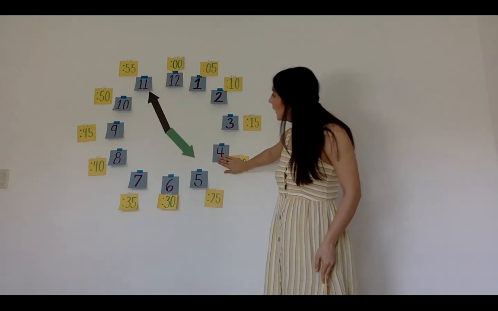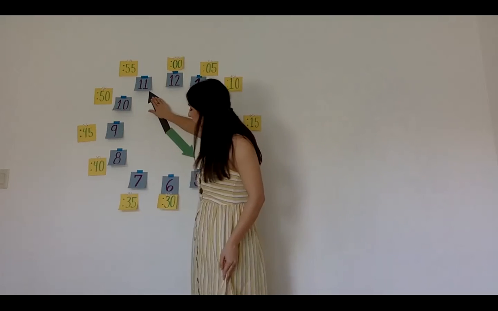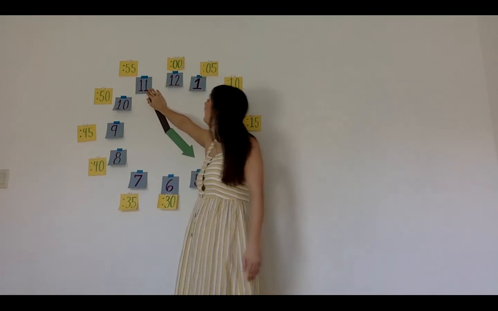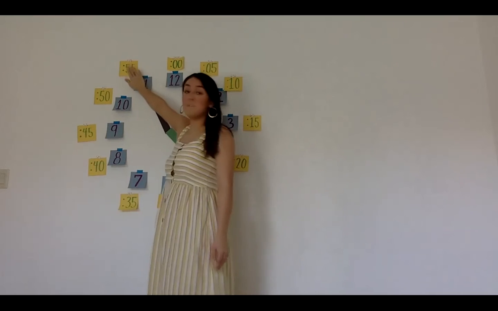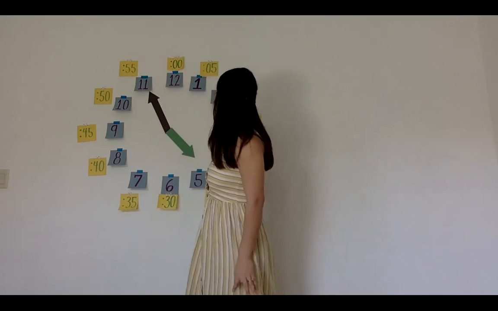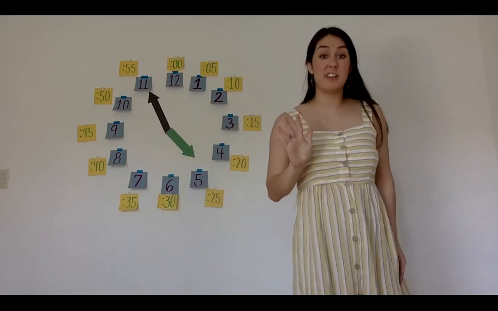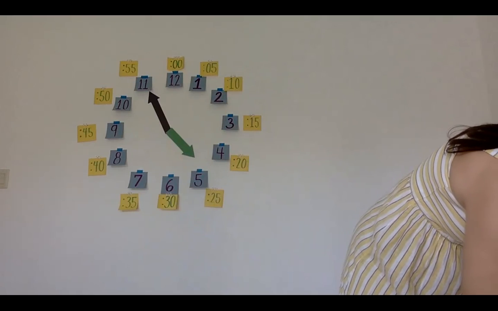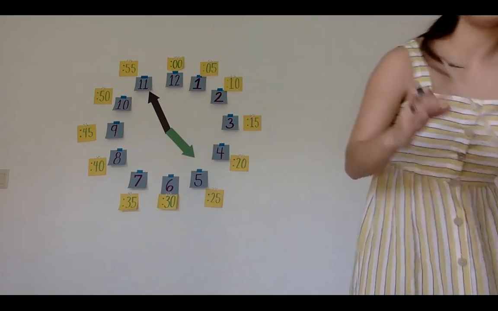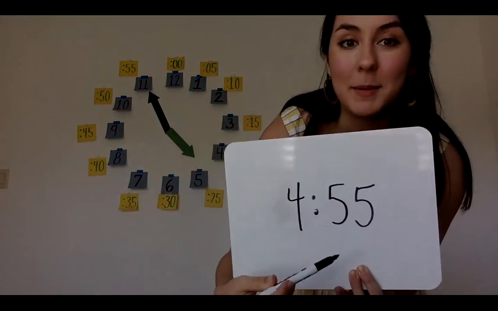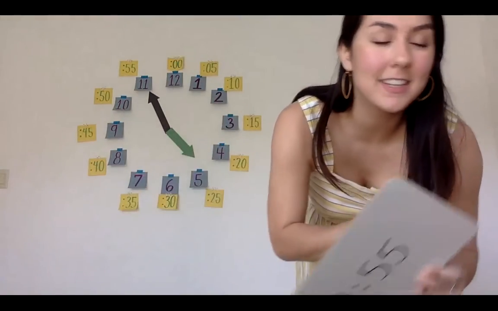So we have 4, and then I look at my minute hand, the long one. It's pointing up at the 11. And that stands for 55 minutes. So it's almost 5 o'clock, but not quite. It's 4:55. And I would write that like this. My hour, and then my minutes, 4:55.